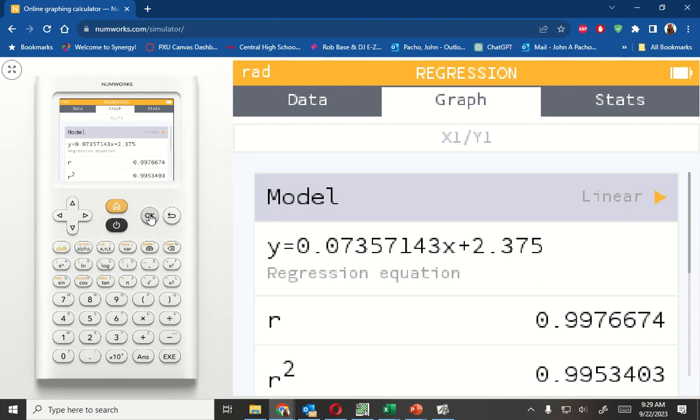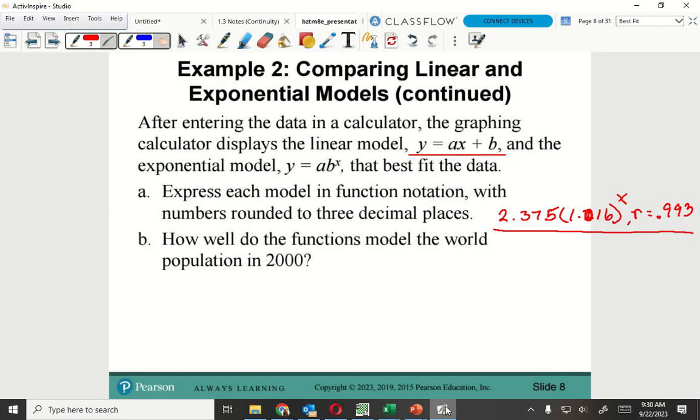Now, as a linear, it's 0.074 x plus 2.375.